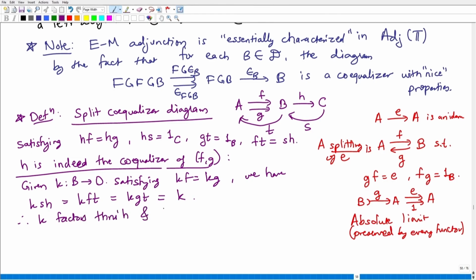and uniqueness of this factorization follows from the fact that H is split epi.